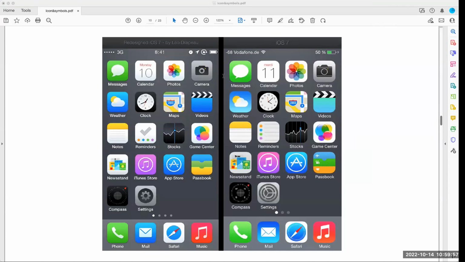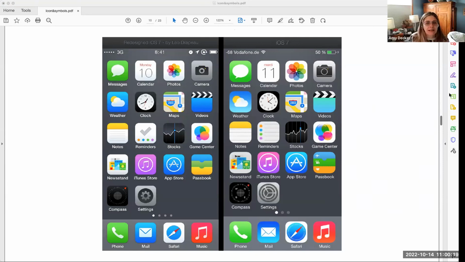The one on the right is more up to date, while the left one is less up to date. On the left, it's a lot more simplified, while on the right, it's a lot more complex and more detailed. That's what we're looking for.